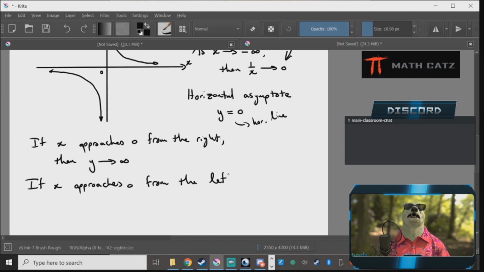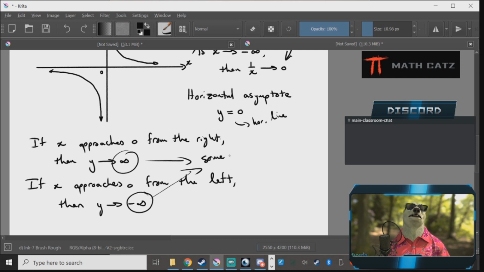So I kind of have to write a sentence to just distinguish between these two, right? The behavior of y is different. However, it's an infinity. Let's say it here: some infinity. I don't care if it's positive or negative. It's one of the infinities.